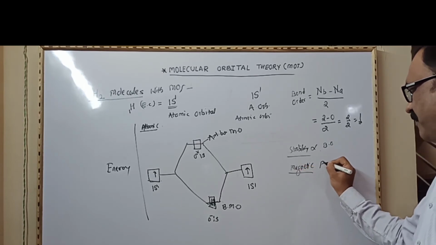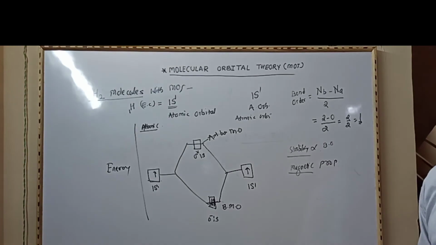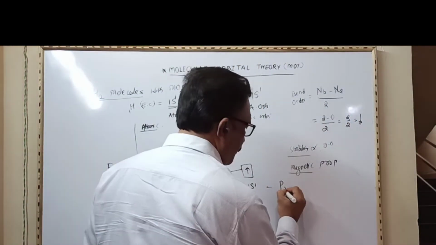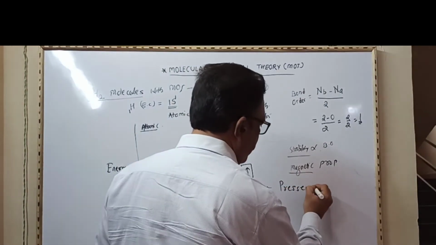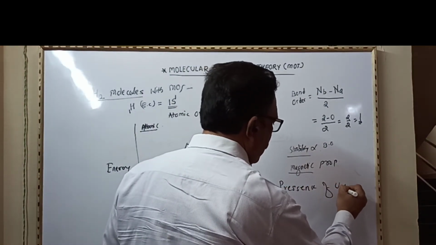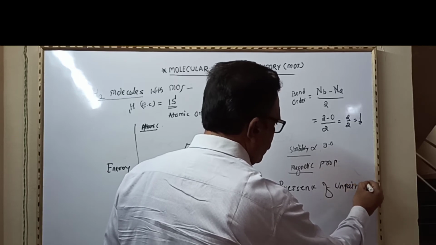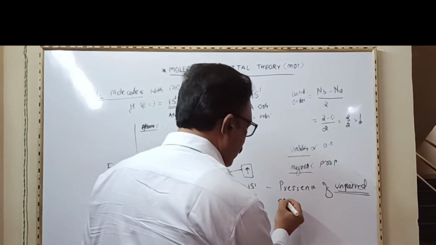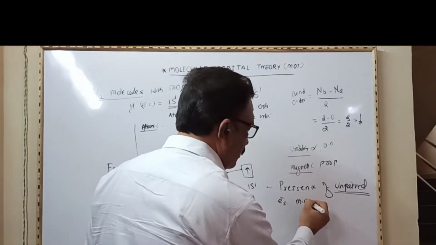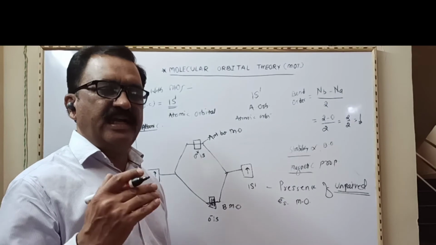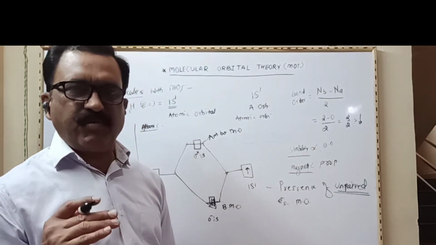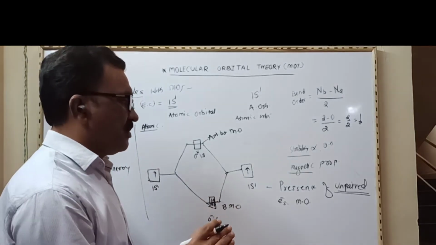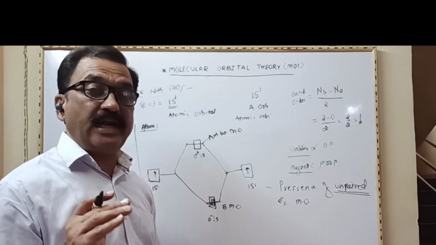The magnetic properties of molecules depend upon the presence of unpaired electrons. The presence of unpaired electrons in molecular orbitals decides the magnetic properties of a molecule.